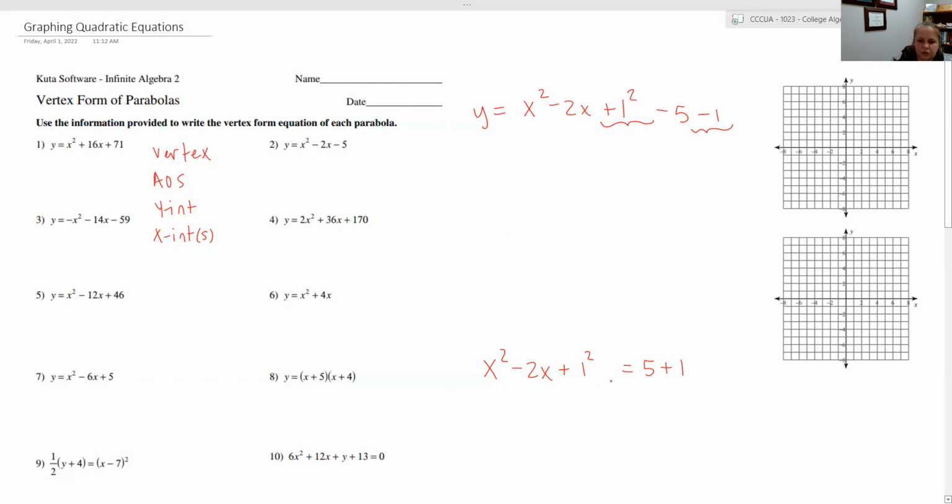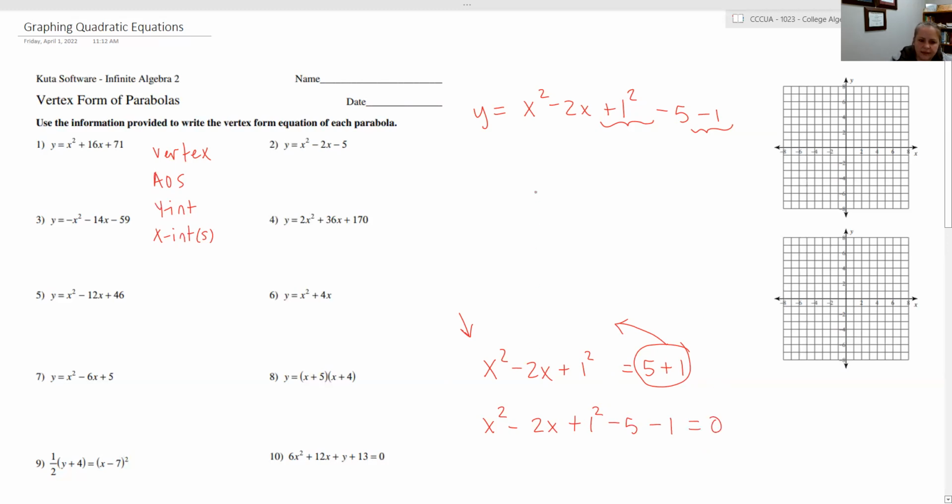And if you look down here at the bottom where I'm solving for x and I've added 1 squared to one side, I need to add 1 to the other. If I were to move all of this back over here, I would have x squared minus 2x plus my 1 squared minus 5 minus 1 equals 0.